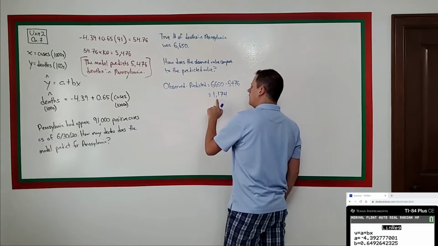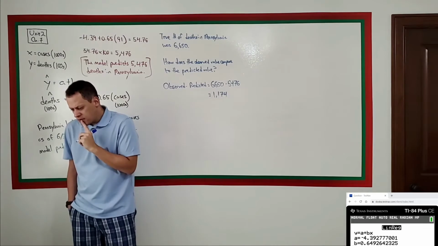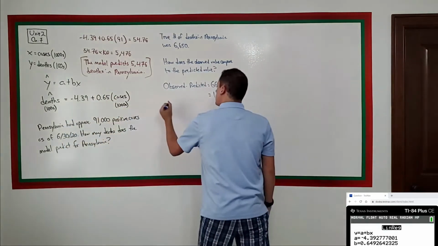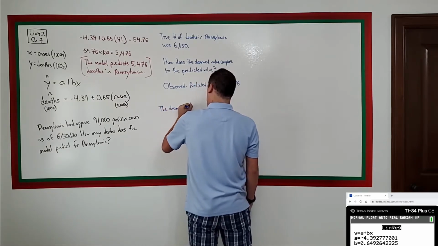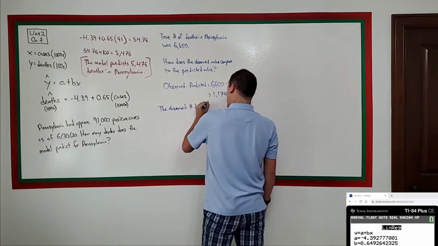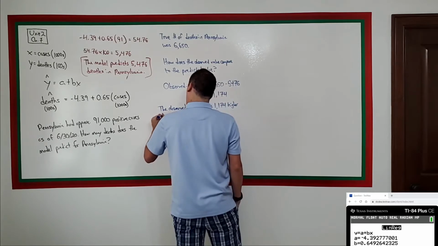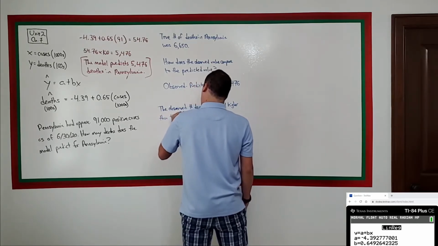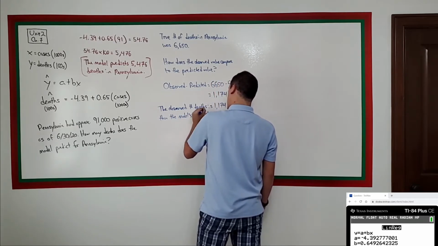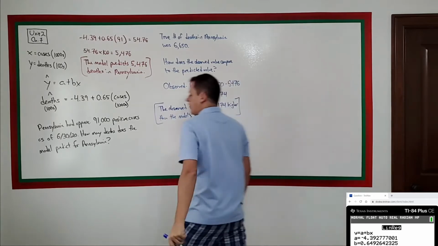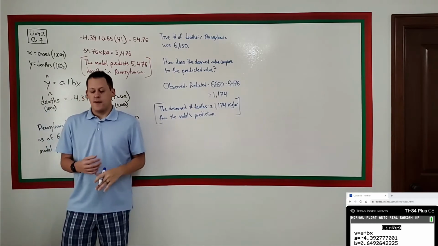So what can we say there? We could say the observed number of deaths was 1,174 higher than the model's prediction.